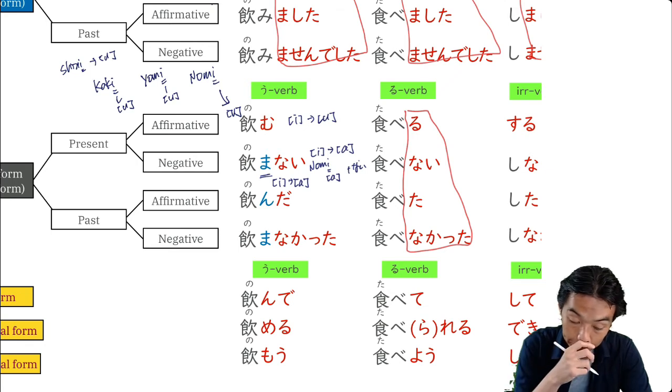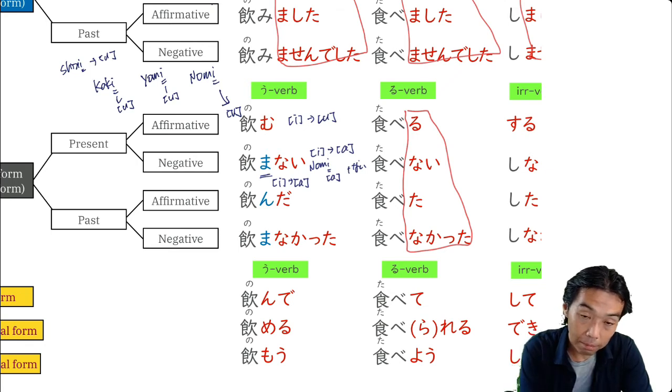For many different reasons, we skip the plain past affirmative. This is kind of a special case, so I'll skip this. If you look at the plain past negative, the only difference is what you add.